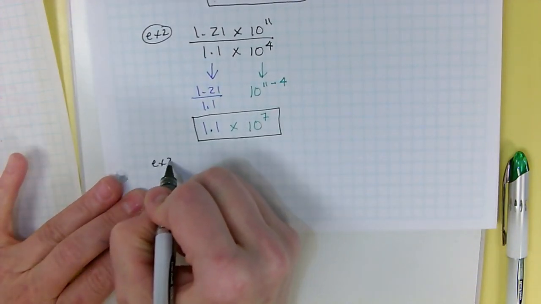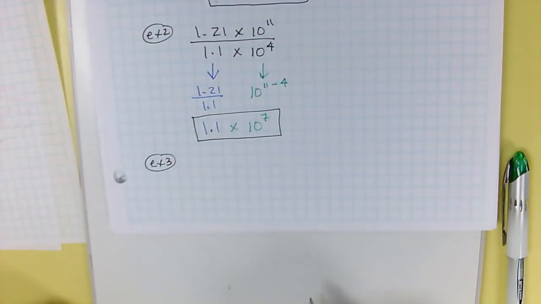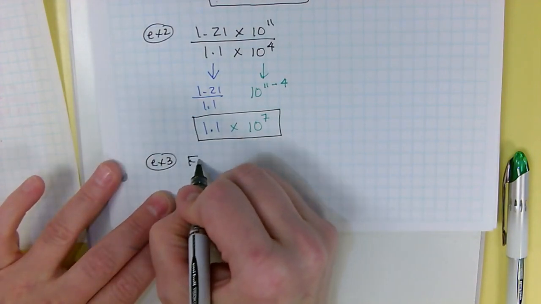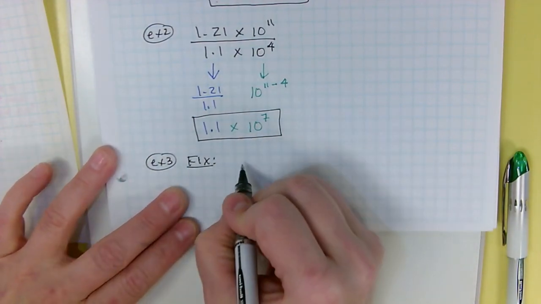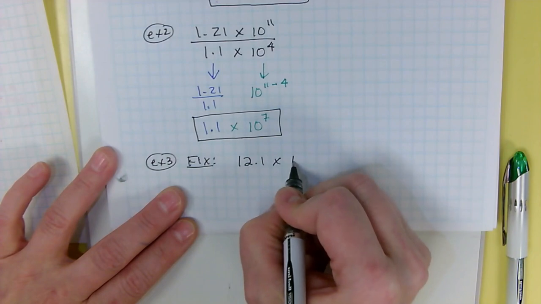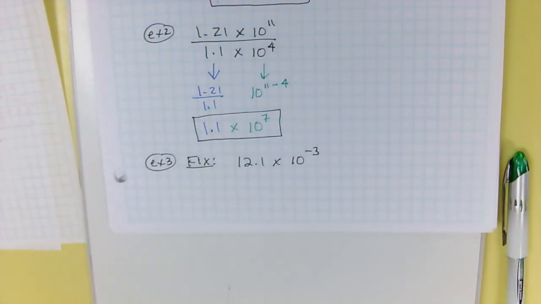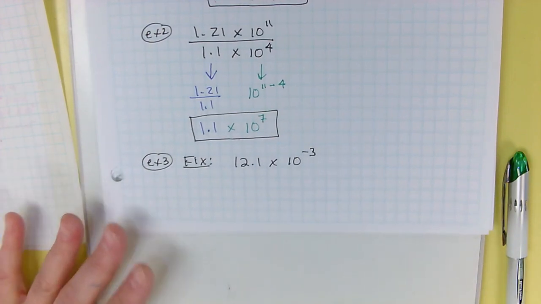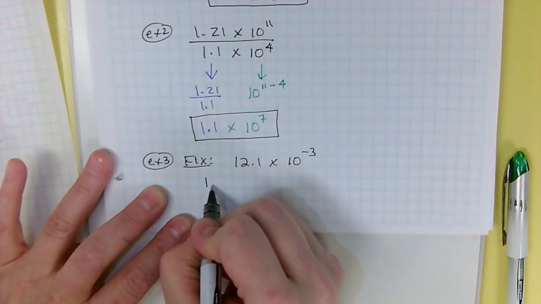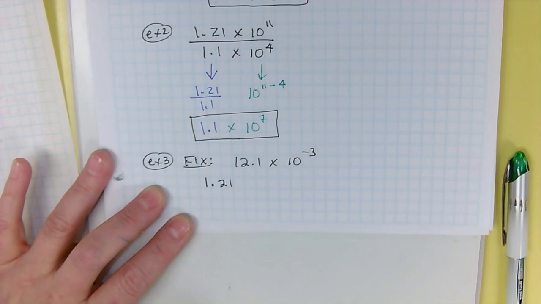All right, last one, and then we're done. We're going to fix, let's say that you've got 12.1 times 10 to the negative 3. Obviously, 12 is not between 1 and 10. So I need to put my decimal between the 1 and the 2.